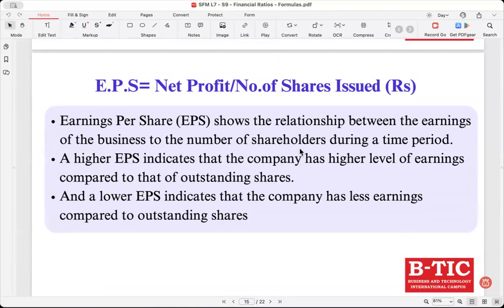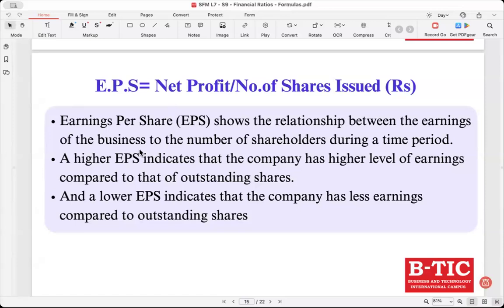Earnings per share shows the relationship between the earnings of the business, the income of the business, to the number of shares during the time. So it measures the profitability per share.